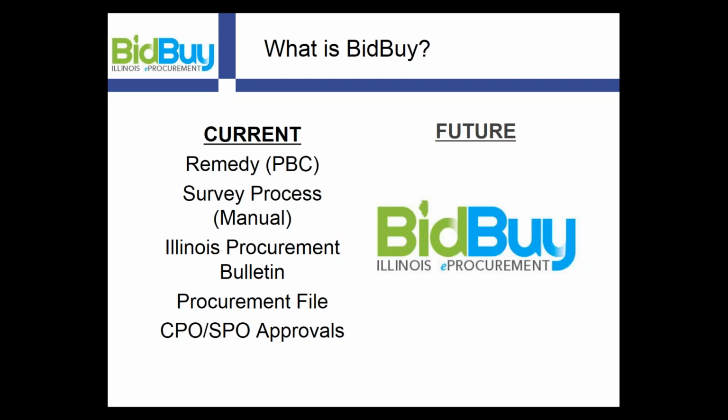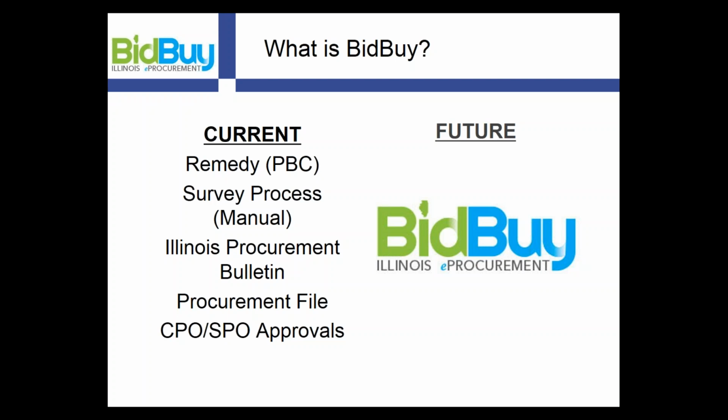So currently you may use some or all of these: the Remedy system, a manual email survey process for aggregating procurements, the Illinois Procurement Bulletin, a procurement file maintained at your agency either through hard copies or electronic copies or a combination of all of those, and then the CPO and SPO approval forms and documents have all been part of the process that you're accustomed to. In the future, all of that activity will exist within BidBuy.